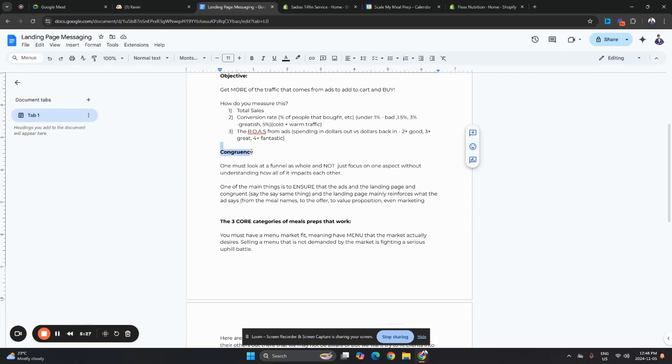So congruency is really important. So one must look at a funnel as a whole and not just focus on one aspect without looking at the other aspects. Okay. You got to understand how the ads impact the landing page and how basically the whole funnel impacts each other. So I'll show you guys an example, but before I do that, one of the main things is to ensure that the ads and the landing page are congruent and say the same thing.